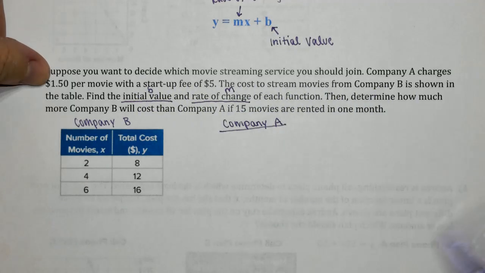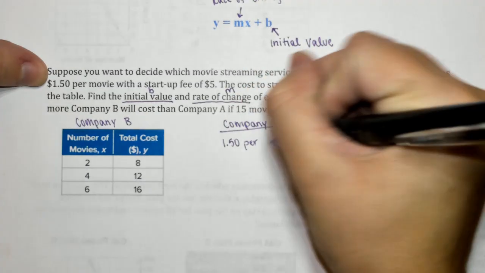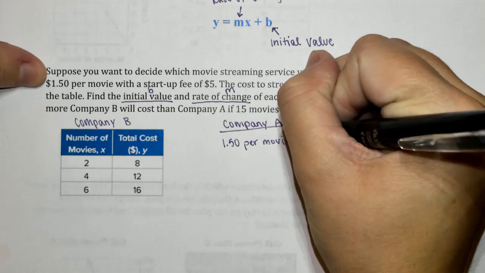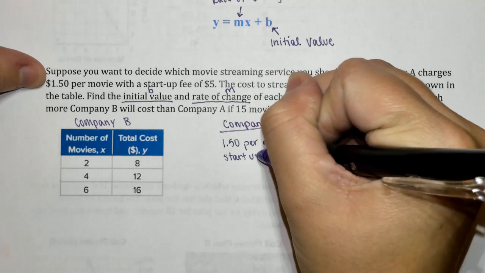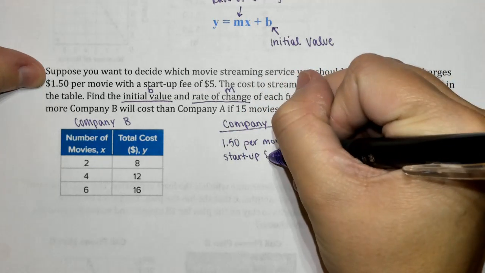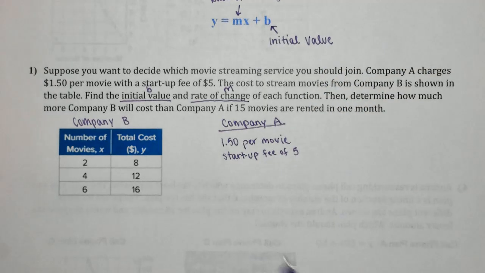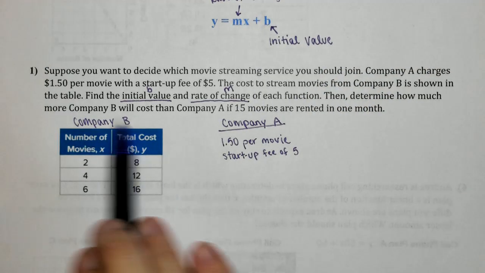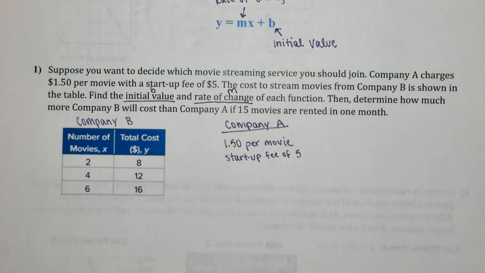Company A charges $1.50 per movie and a startup fee of $5. The cost to stream movies from Company B is shown in the table. Find the initial value and the rate of change of each function. Then determine how much more Company B will cost than Company A if 15 movies are rented in 1 month.